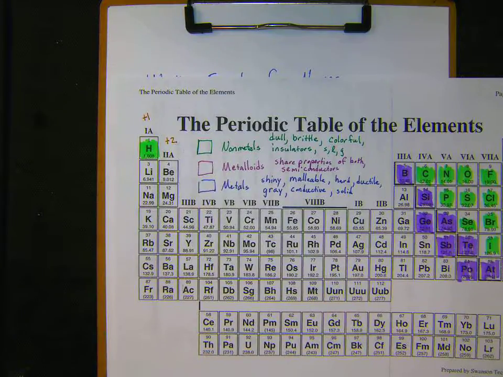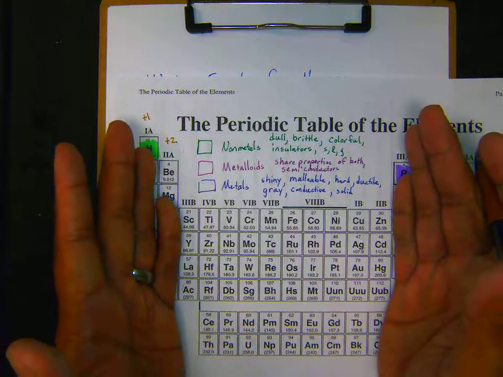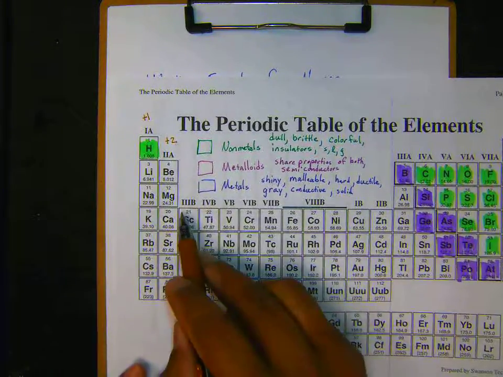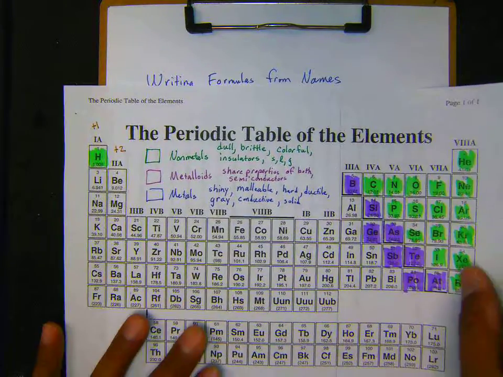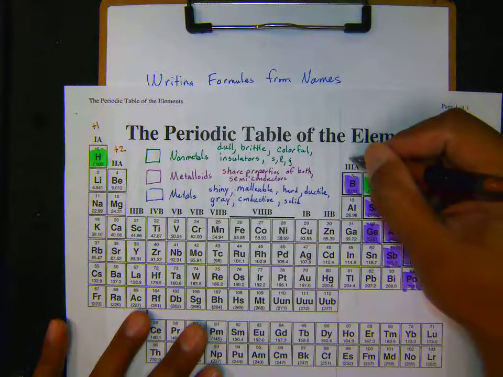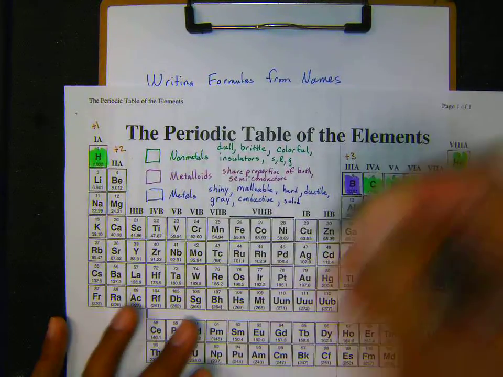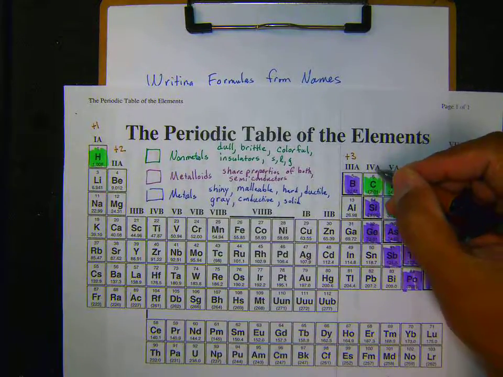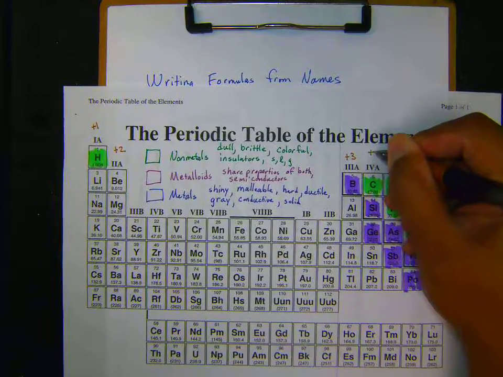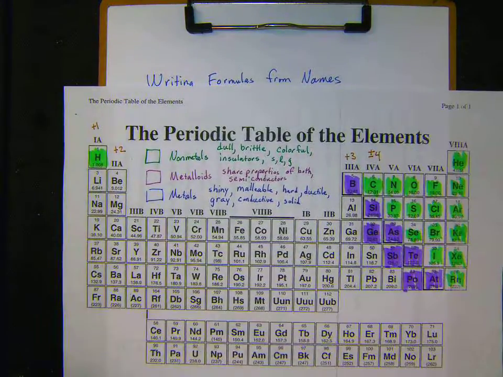We're going to skip the middle for now. The middle part right here where you can see Roman numeral 3b, Roman numeral 2b, we're going to skip those and go to the column that has boron at the very top. This has a charge of +3. Carbon and this family have a charge of positive and negative 4.